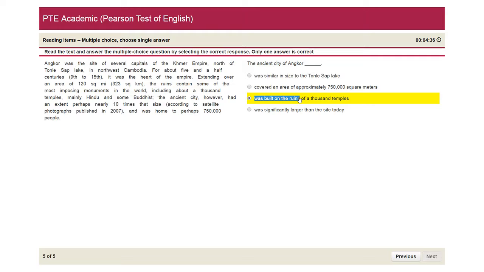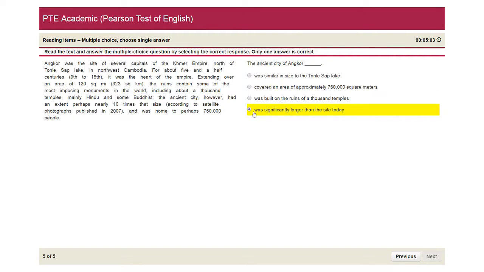It was the ruins itself. It was not said that Angkor city was built on the ruins of thousands of temples, because the ruins here describe Angkor itself rather than ruins that contained the Angkor city. So this should be the wrong answer.